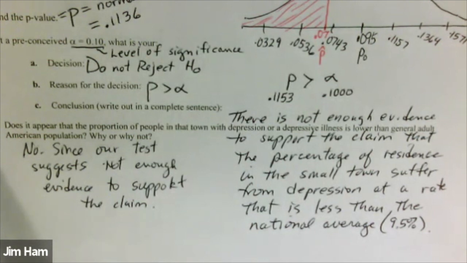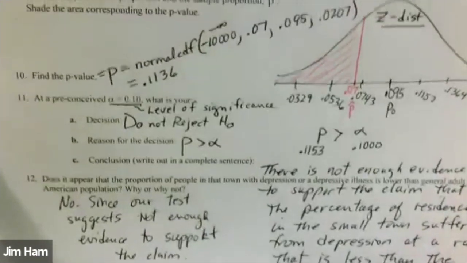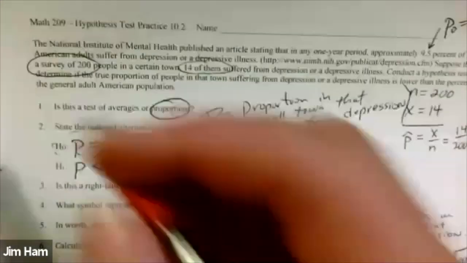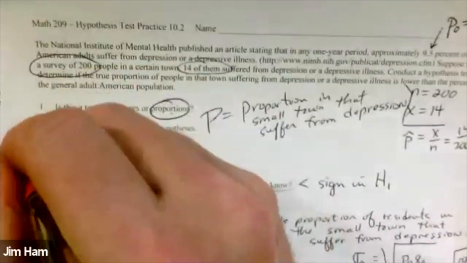Now let me go back through this just to show you, you're not going to have to do all 12 of these steps on every hypothesis test. You just have to do 5. But understanding everything in these 12 items will help you with the 5 steps. So step 1 is to write the hypotheses. Here you have it, step 1.